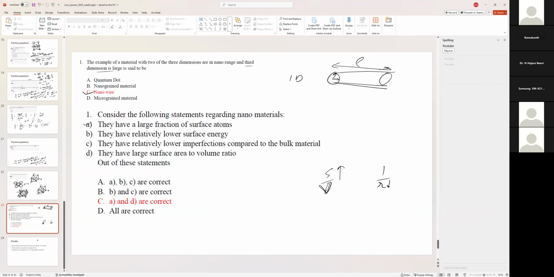If A is true, B cannot be true. They have relatively low imperfections compared to bulk material. This again is false actually, since a lot of atoms are sitting on the surface, a lot of them have incomplete bonding, which leads to surface defects.